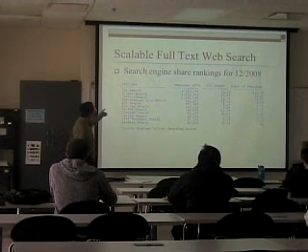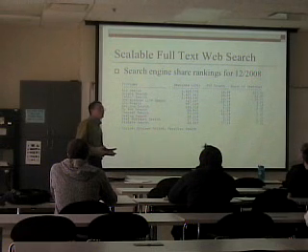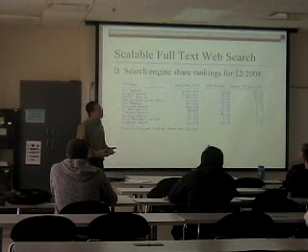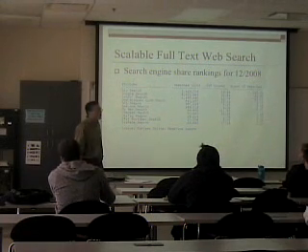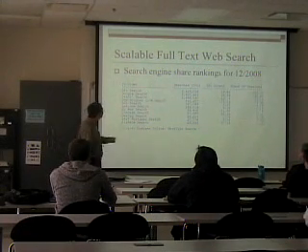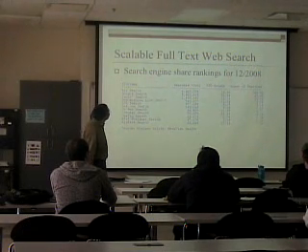So here's the breakdown of the search engines: how many searches, how many queries over the entire internet, actually used by the user community. You can see Google has a dominant position. Yahoo is second.